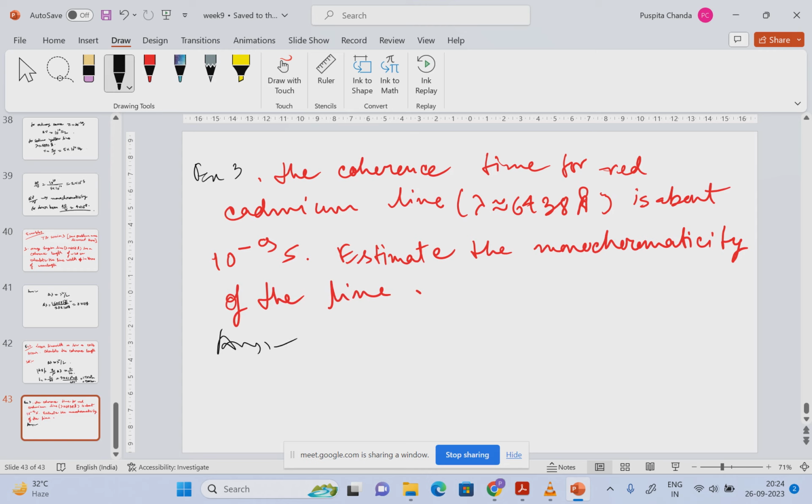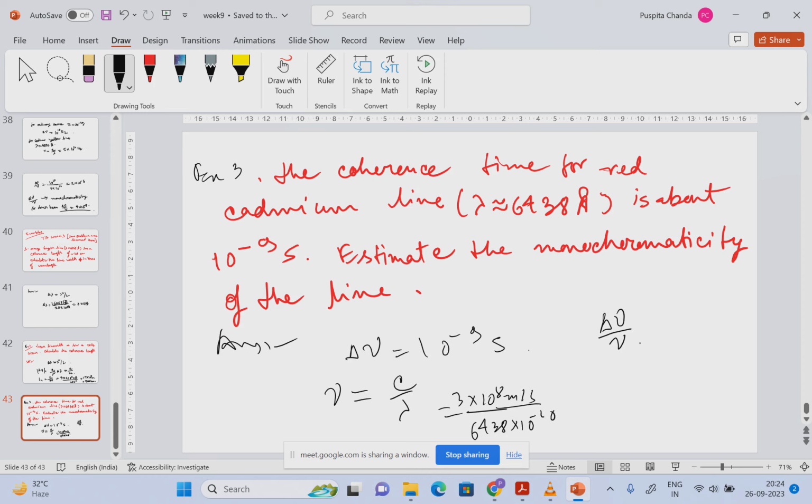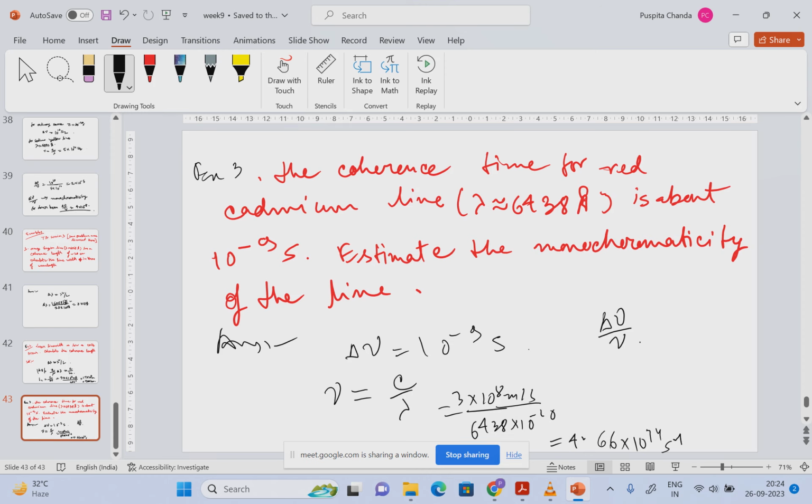So delta mu is equal to 10 to the power minus 9 centimeters. You need to calculate mu. Mu will be c by lambda, which is 3 into 10 to the power 8 meter per second over 6438 into 10 to the power minus 10. This will be 4.66 into 10 to the power 14 second inverse.